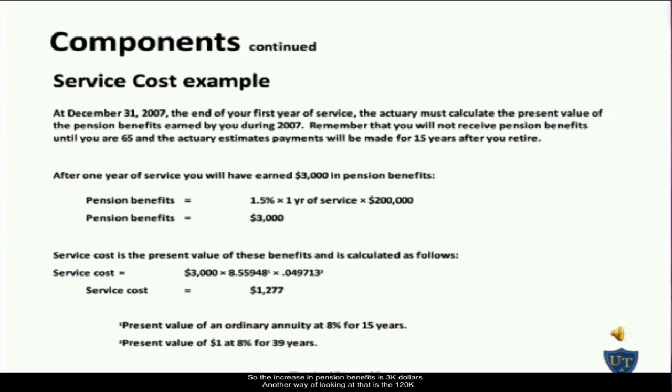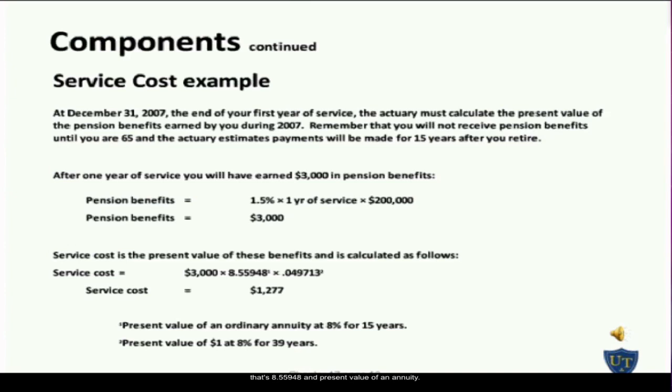Another way of looking at that, it's the $120,000 expected benefit payment divided by 40 years of service. But service cost is actually the present value of the increase in the benefits. So the next step that the actuary would perform is to present value that increase in benefits of $3,000. So the $3,000 increase to benefits is multiplied by the present value factor, and that's 8.55948.